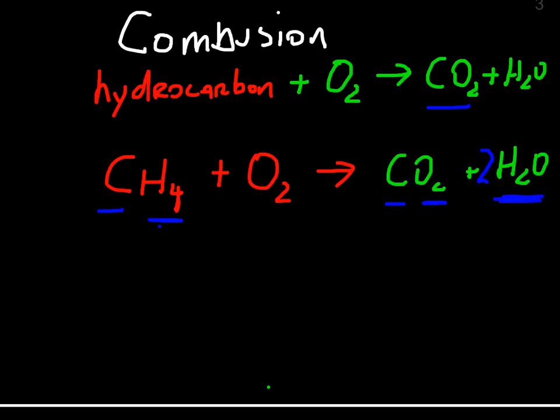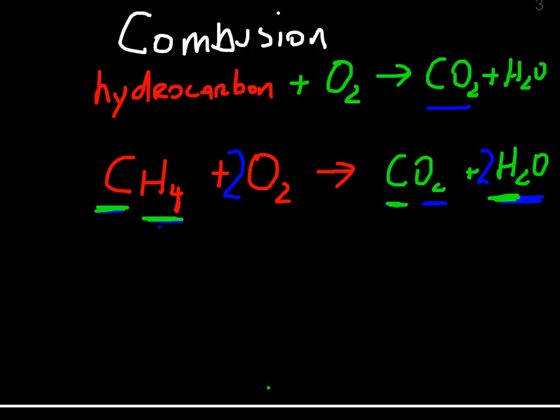To get 4 oxygens on this side of the equation, I'm going to need to put a 2 in front of the O2. So at this point, I have balanced the equation. I have one carbon. I have 4 hydrogens, 2 times 2 makes 4 hydrogens. I have 4 oxygens, 2 oxygens from the water, the other 2 from the CO2, and that balances it out.